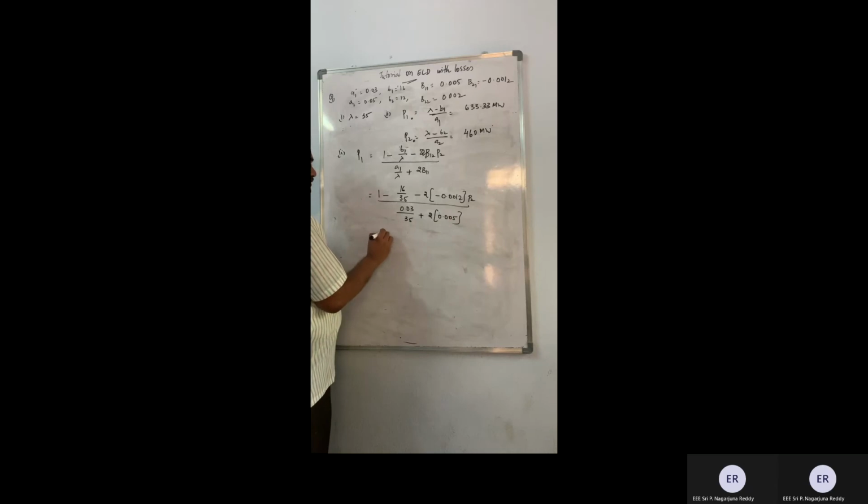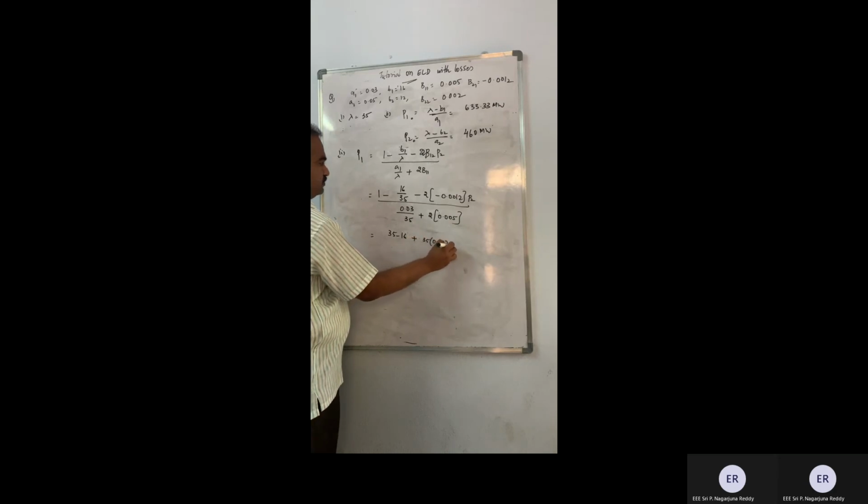So now if I do the LCM, this is 35 minus 16 plus 35 into 0.0004 into P2 by this is 0.03 plus 0.35.